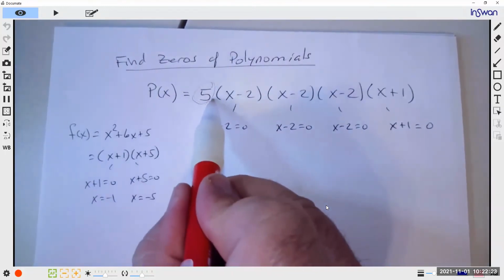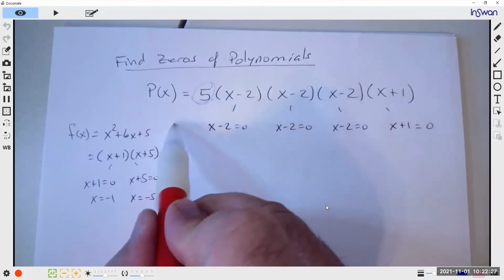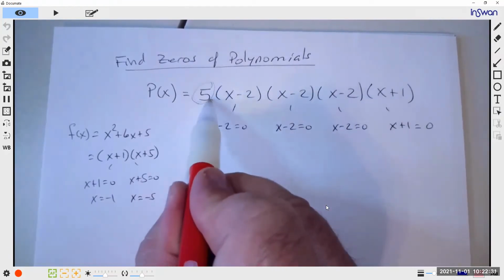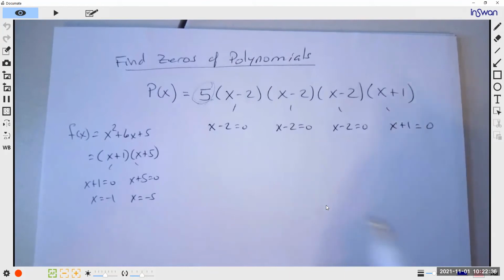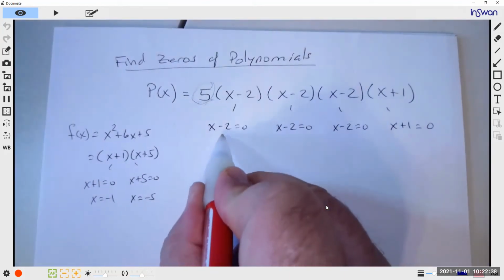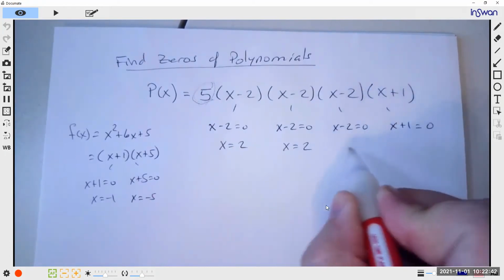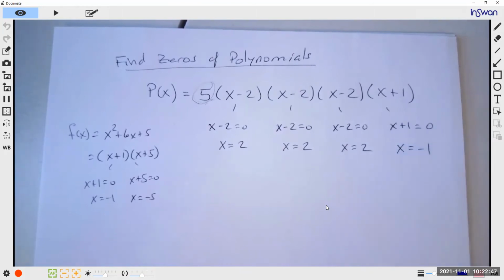But if it was a 5x, if there was an x after it, we'd have to solve that for 0 also. So it doesn't have to be inside the parentheses. If that was a 5x, then we have 5x equals 0. So now we solve: x is 2, x is 2, x is 2, x is -1.